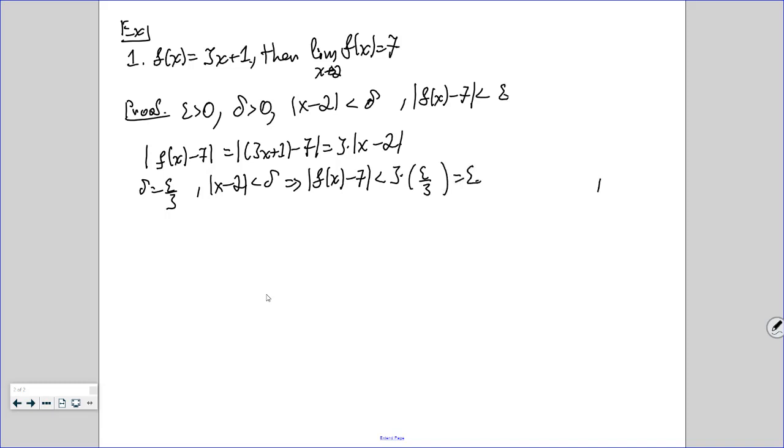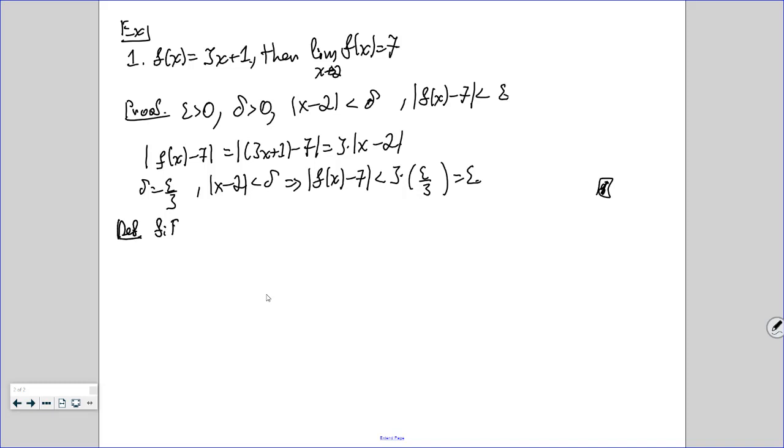And we have proved that the limit of f(x) as x goes to 2 is 7. As long as we understand the functional limit, we are ready to define the concept of continuity. We start by defining continuity at a point.